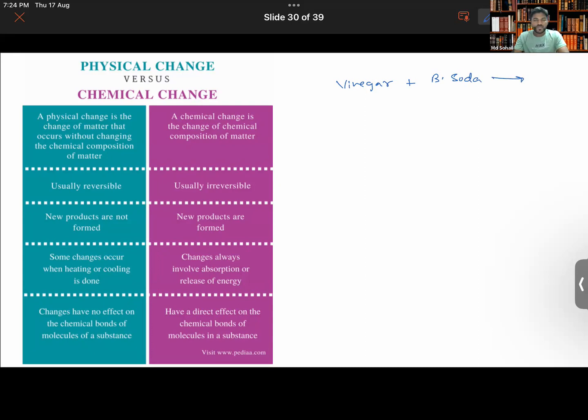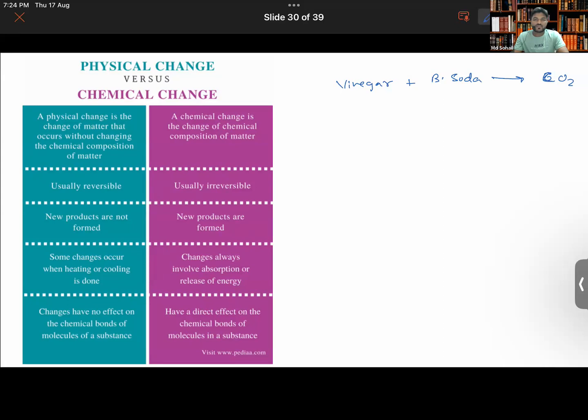Bubbles. Bubbles of carbon dioxide. Exactly, carbon dioxide gas comes out of it. Now, Vaiga, another question is to you. If you were to obtain pure salt, which step will you follow? The step of evaporation or crystallization?